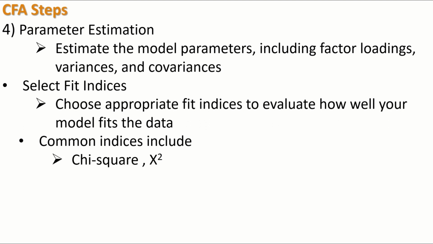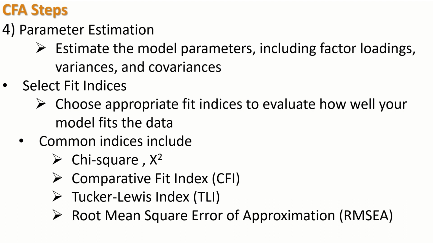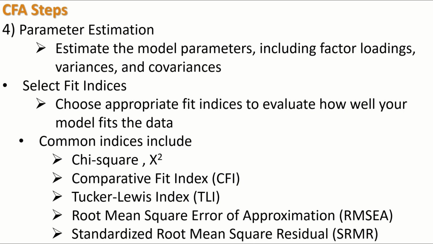Common indices are the chi-square, the comparative fit index, abbreviated as CFI, the Tucker-Lewis index, the root mean square error of approximation, which is RMSEA, and the standardized root mean square residual, SRMR. These are the most common indices that can be used to determine whether the model fits the data.